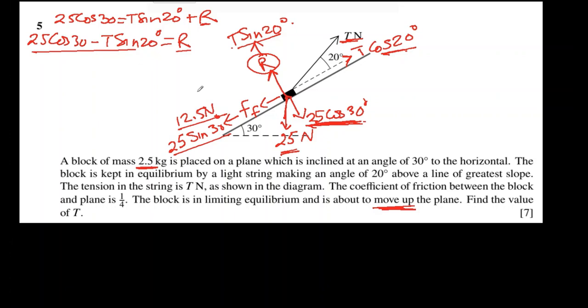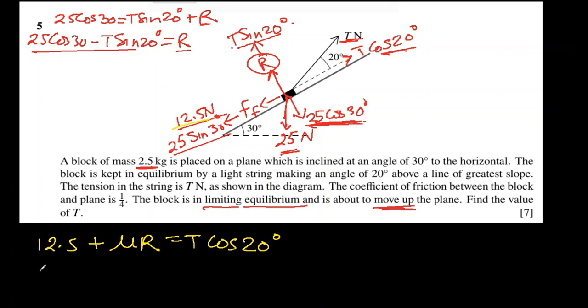Now we have to equalize all the forces in x direction because it is in limiting equilibrium. For that, what are the forces downwards? 12.5, which is 25 sine 30 actually, plus frictional force. Frictional force is mu R, equal to T cos 20 degrees, which is the upward force.